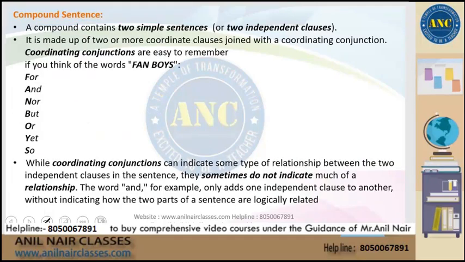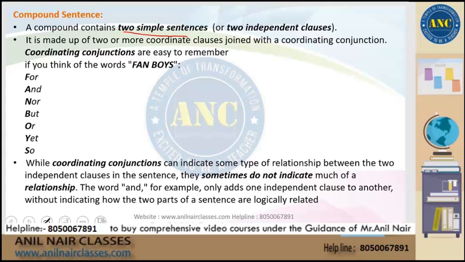What is a compound sentence? We've just learned that anything is called a compound if it is more than one. So in that case, if you have more than one simple sentence, when you join those two sentences, it becomes a compound sentence, as simple as that. So a compound sentence contains two simple sentences. And what else did we learn?